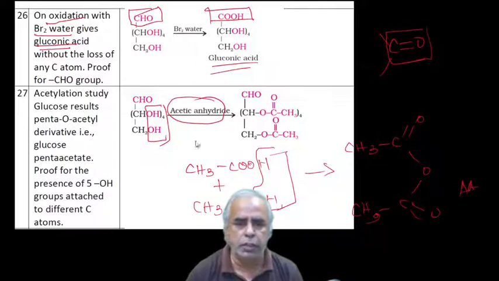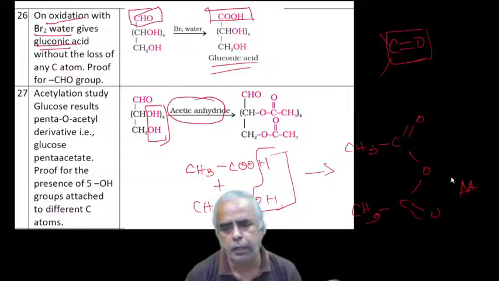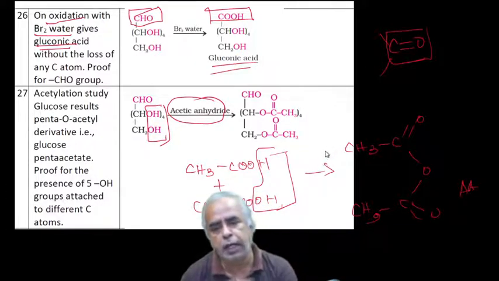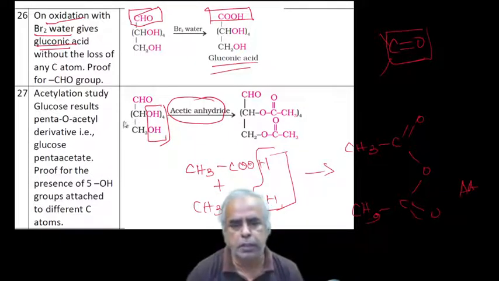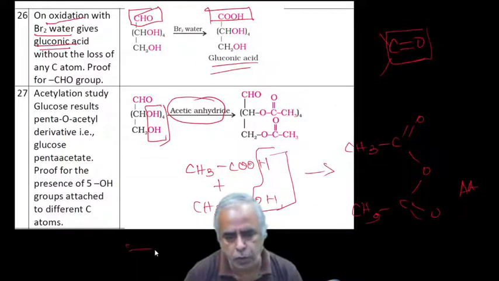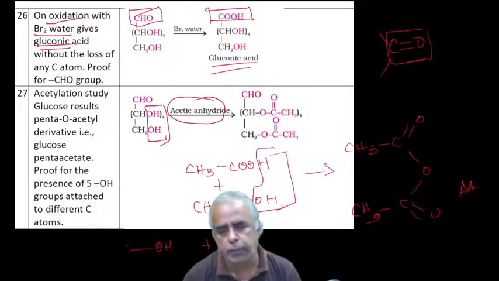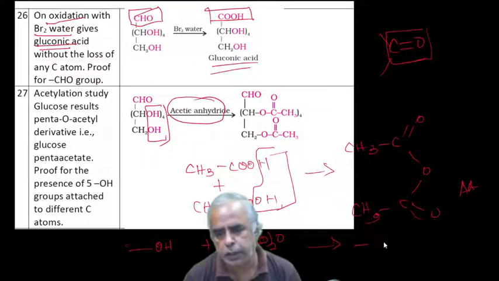When you treat this with acetic anhydride, we were able to get the acetyl derivative. Acetyl derivative means that when you have any OH, it can react with such an acetic anhydride, CH3CO twice O. When you combine, you get O, then C double bond O, then CH3.